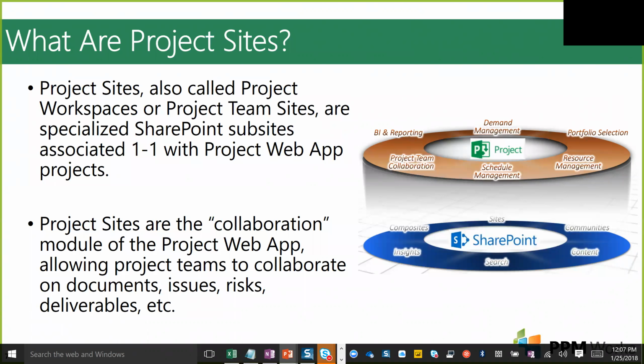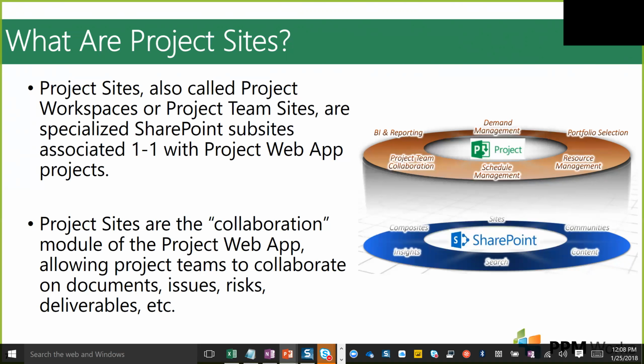I'll show you some differences in where the configuration might be located in on-premise versus Project Online. But all of this, whether you're having an on-premise installation or whether you are using Project Online, is built upon SharePoint. So everything that we show you today is nice and easy, and very easy to collaborate. All right, so these team sites are actually project sites, or sub-sites of your main site.